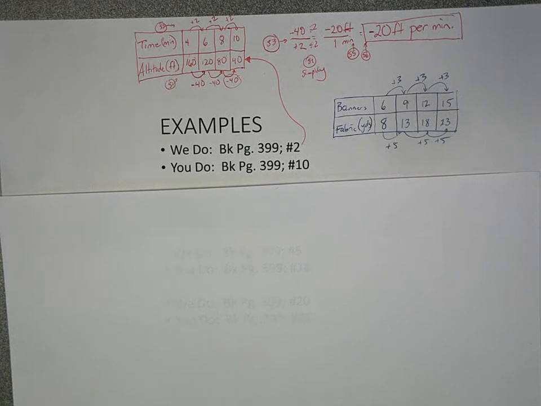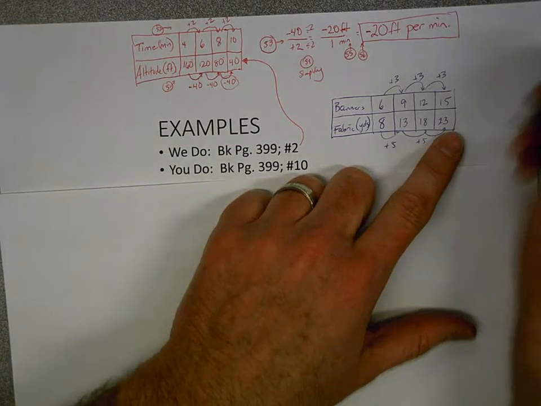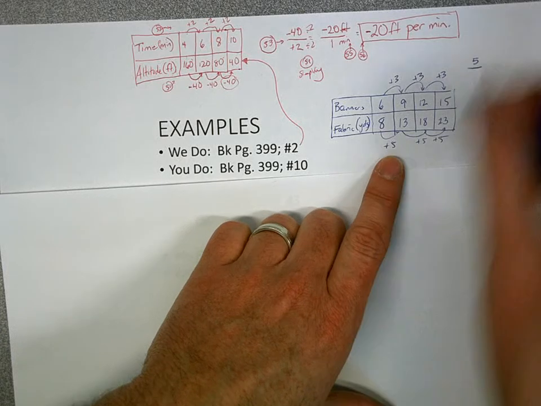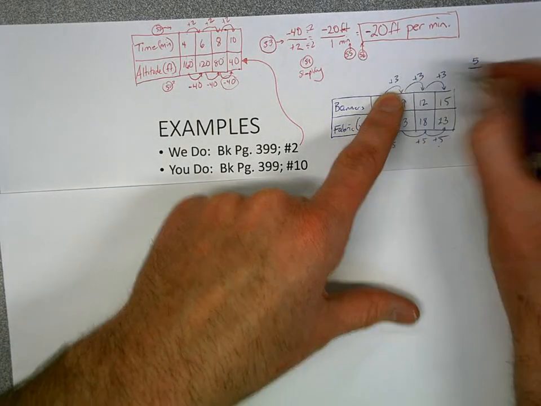So what we want to do is we probably want to know how many yards per banner, right? When you're buying material, for example. So we say, okay, we have a positive 5 over an increase of 3.